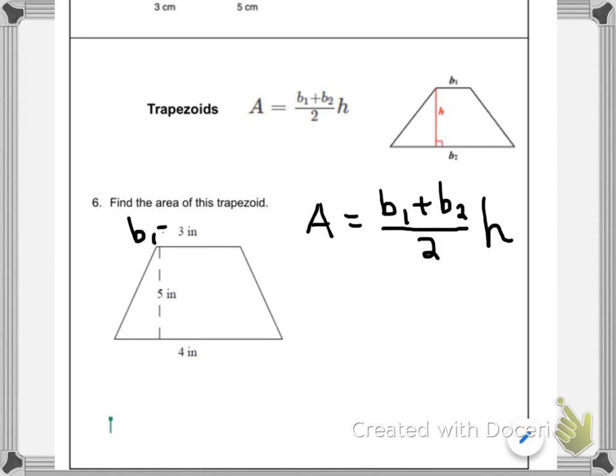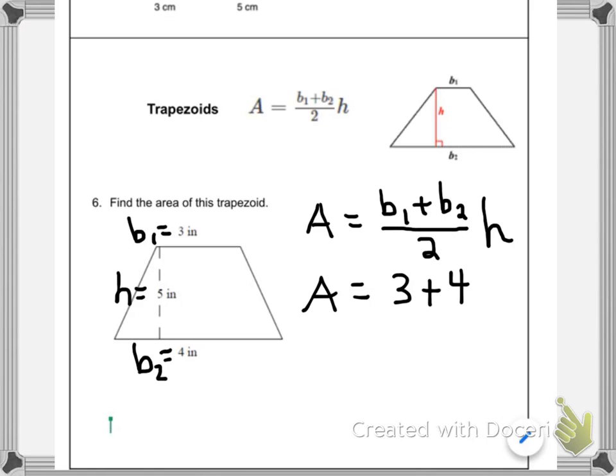B1 equals 3 inches. B2 equals 4 inches. Now we find the height. The height equals 5 inches. Area equals 3 plus 4.